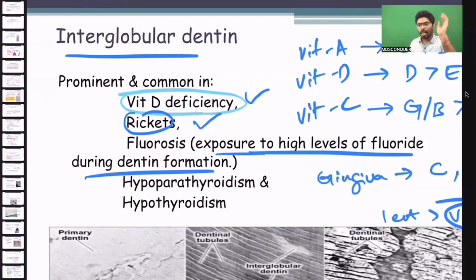Ameloblast is very, very sensitive to fluoride, and enamel is going to get damaged. Okay, so when fluoride is going to be very useful for enamel, during development or after development?